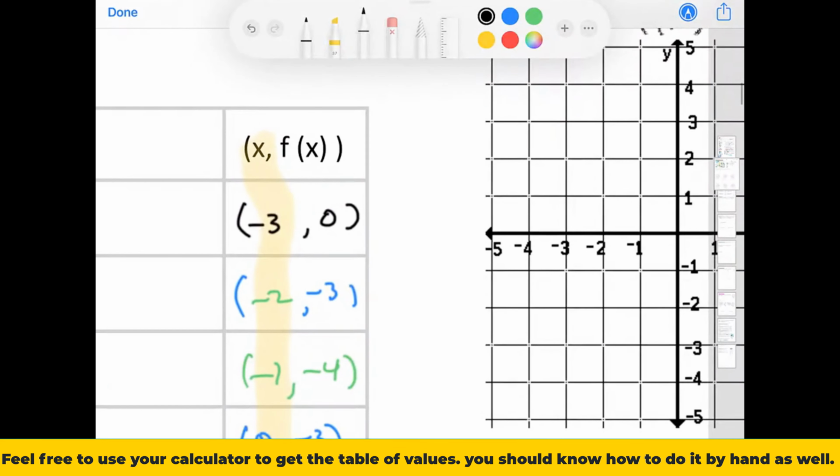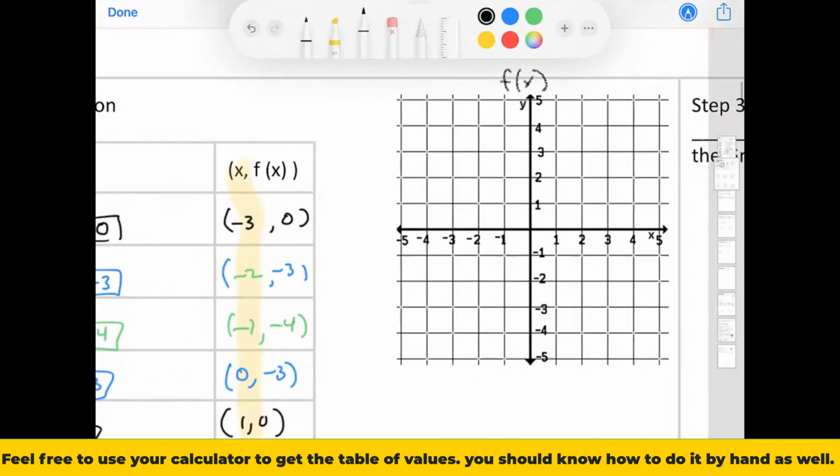So if you've never graphed before, you'll notice on the graph over there, the x values are left to right, and f of x, or the y-axis, is just up or down, right? X goes this way, and y values go that way, okay? So for the first ordered pair, I'm going to say negative 3, comma, 0.